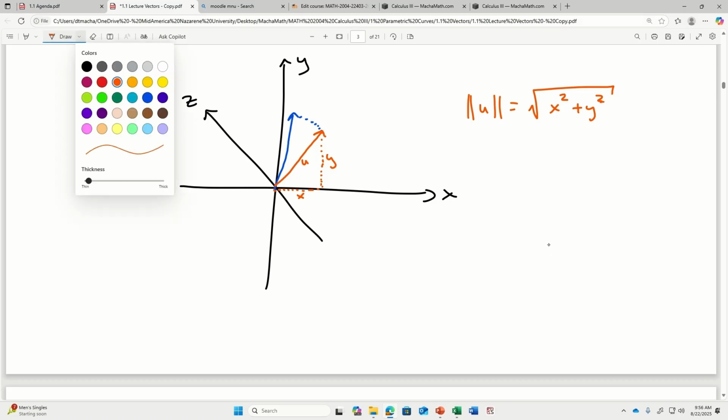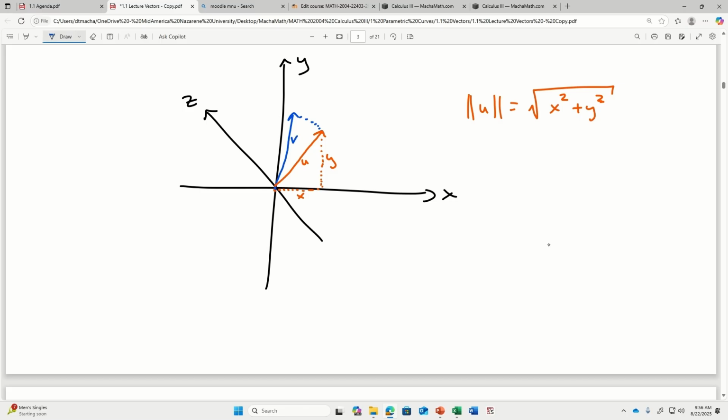But if I want the length of the actual vector v, then I've got this right triangle here plus this right triangle here. I'm going to end up using that distance formula, or using the Pythagorean theorem on this right triangle now, which has one side length that is the length of u squared, plus the other side length is the z component, and I'm going to square that too.